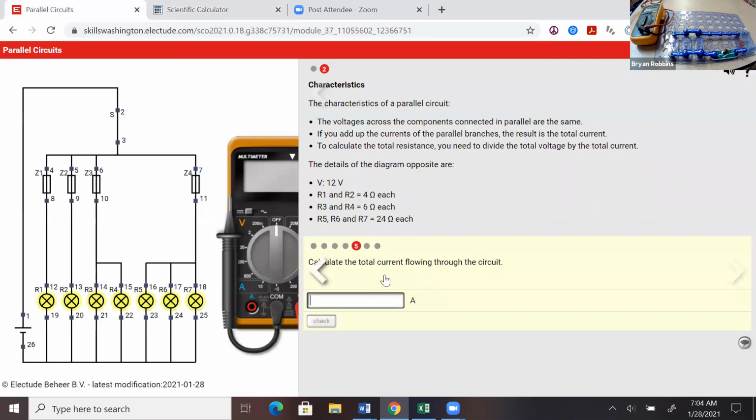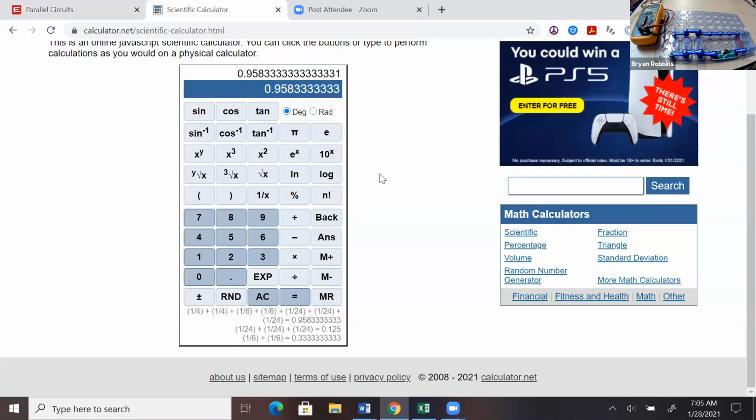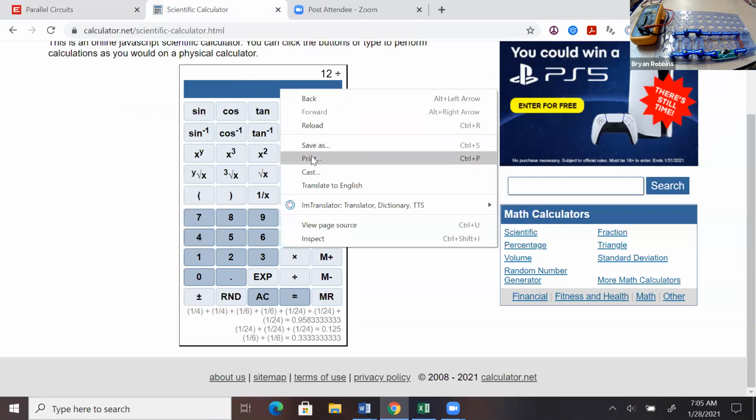But it wants total current, not total resistance flowing through the circuit. So once again, we have to use that Ohm's law. We know that current is voltage divided by total resistance. So let's go in here and just put in 12 divided by, and what was that number?